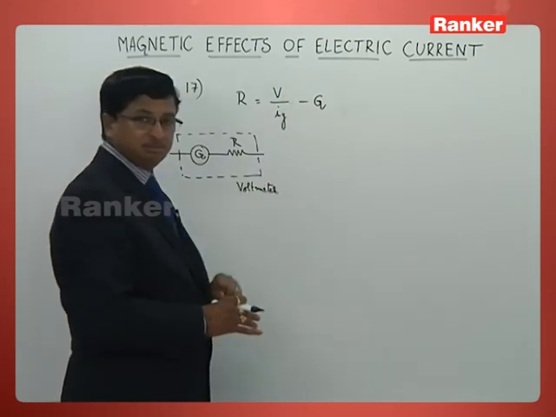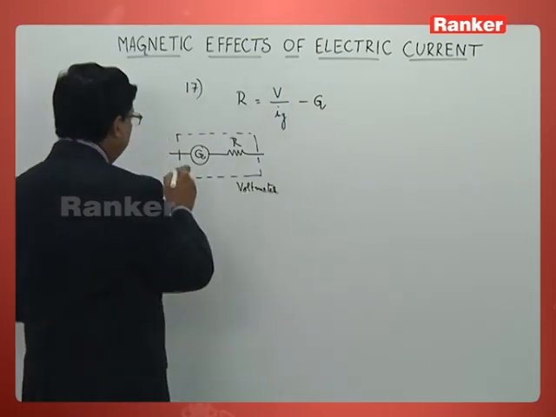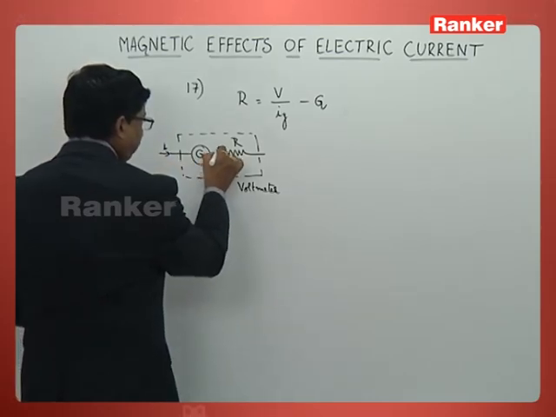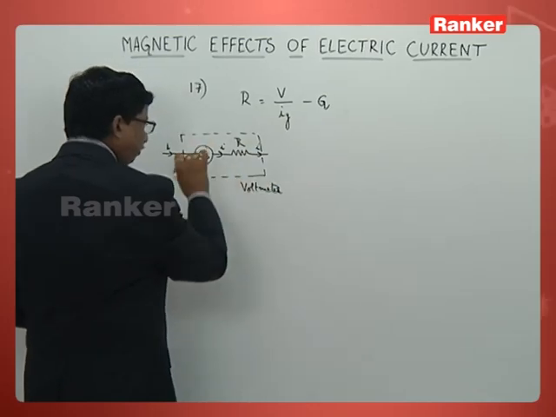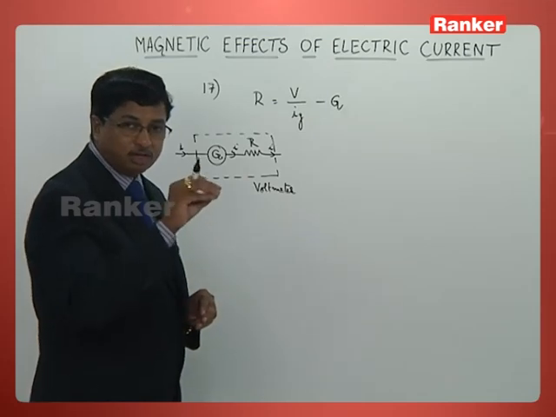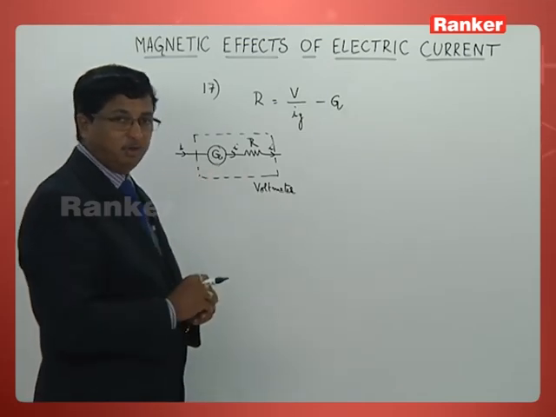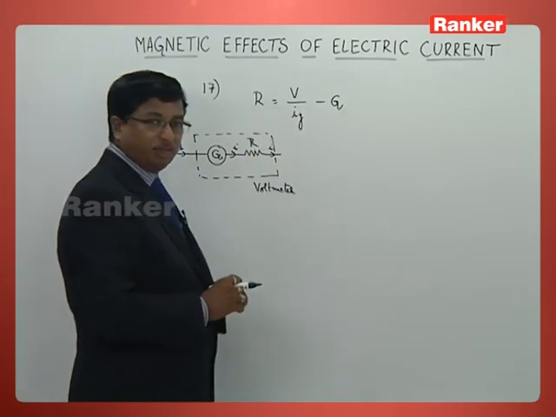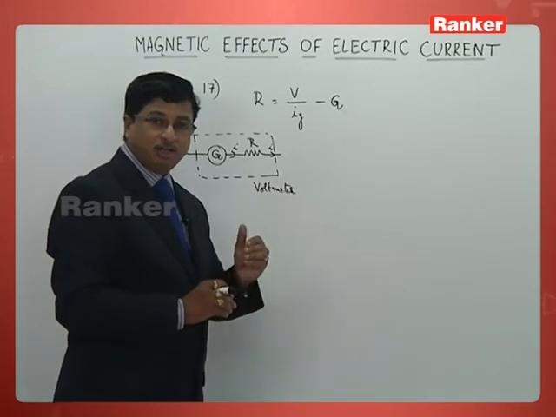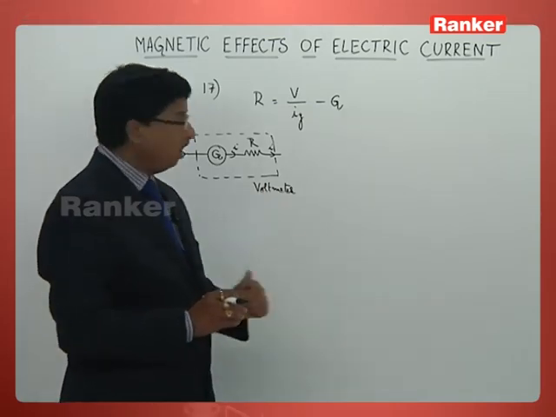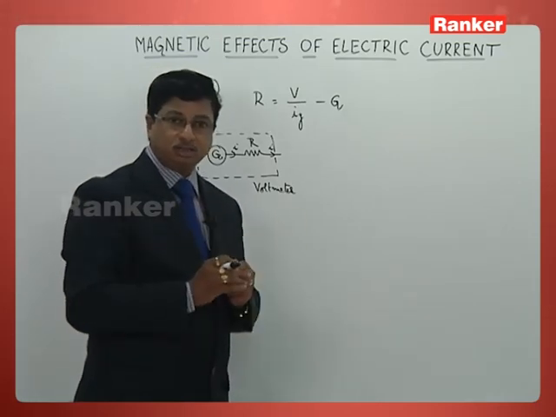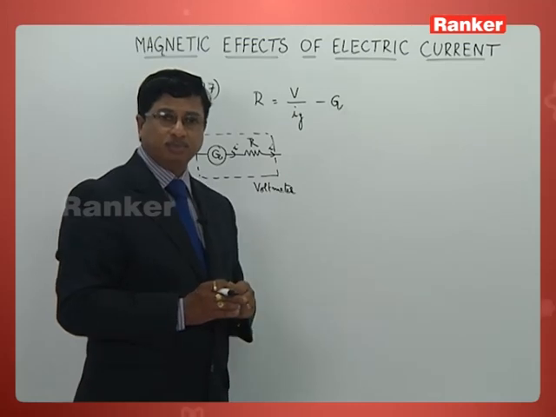V by I. In this condition, you can understand directly, the current entering, if I take it as I, the same current passes through the galvanometer, and the same amount of current also passes through the resistance connected in series. So whether I call it Ig, the current across the galvanometer, or IR, the current across the resistance, or simply I, the total current across the voltmeter, all three are one and the same.